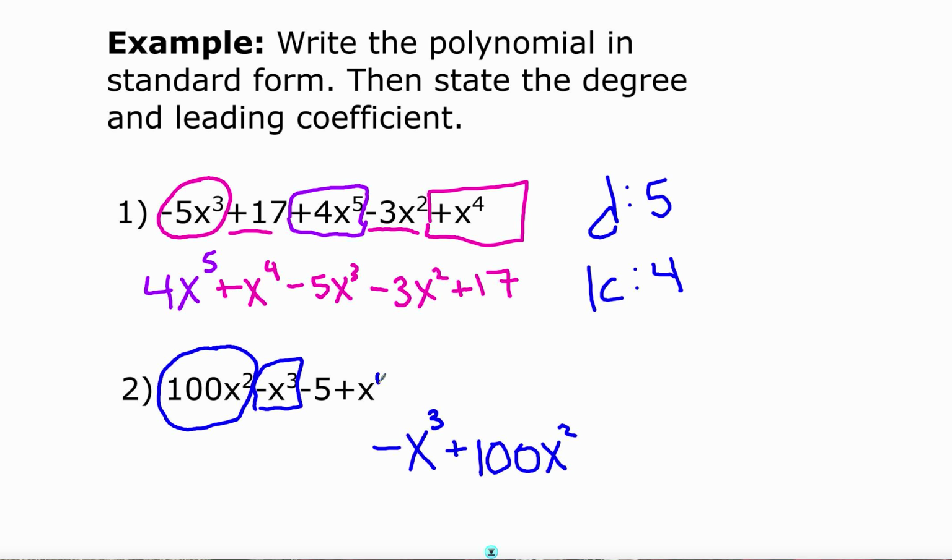Next, I have my x to the 1st power, so plus x. And then my constant, minus 5. When I identify the degree of this one, once it's in standard form, I can see that the degree is 3. And the leading coefficient is the number in front of that first term, and that is an understood negative 1.